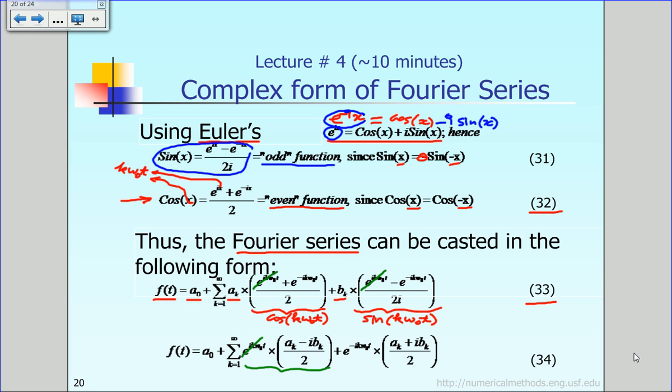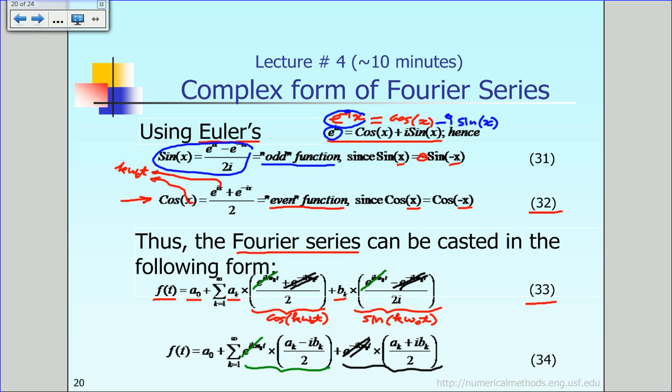Similarly, if you factorize e raised to the power minus i k omega naught t, which also appears in both terms, then the remaining term is right there, which is equation 34.